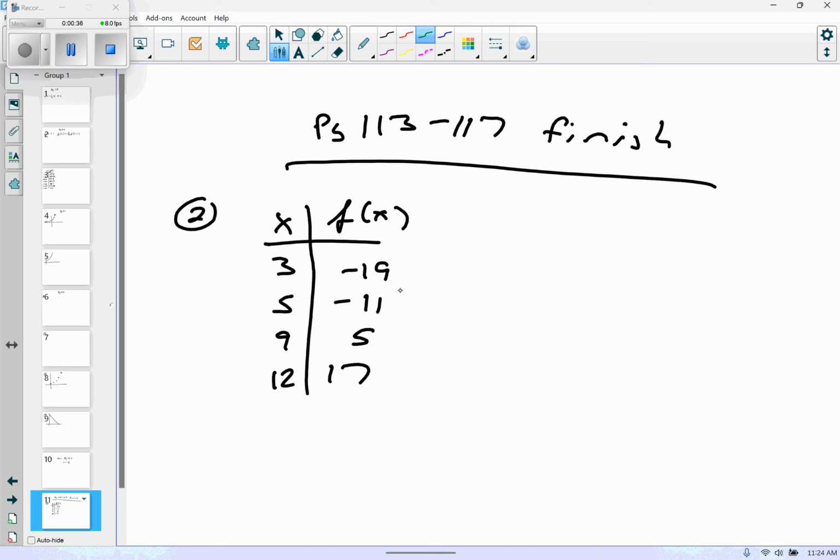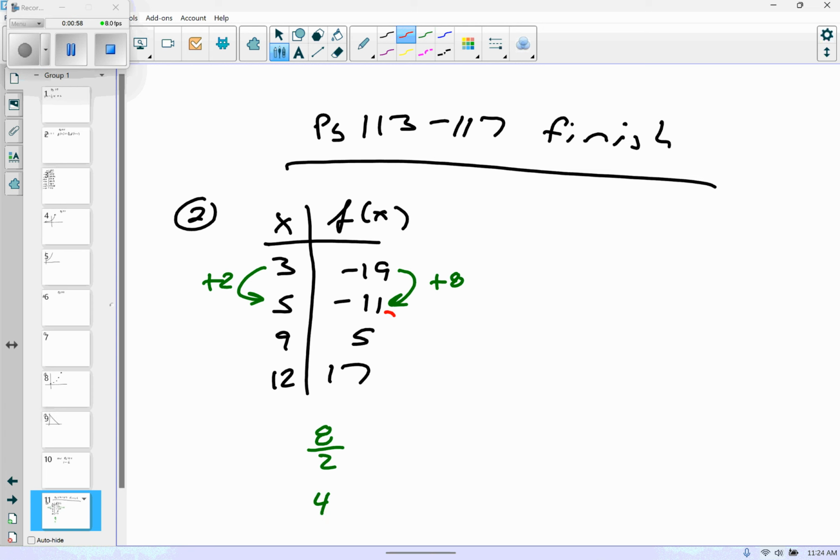So let's take care of the slope. What do I have to do from here to here? That looks like I am adding 8. And what do I do from here to here? I add 2. So my slope is going to be 8 over 2, which is going to be 4.